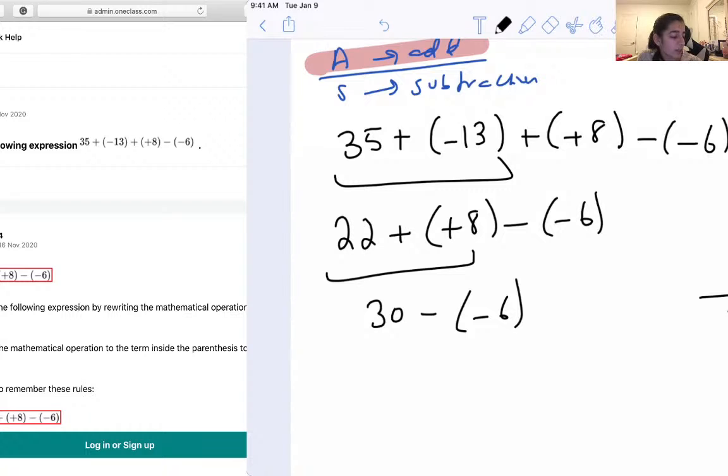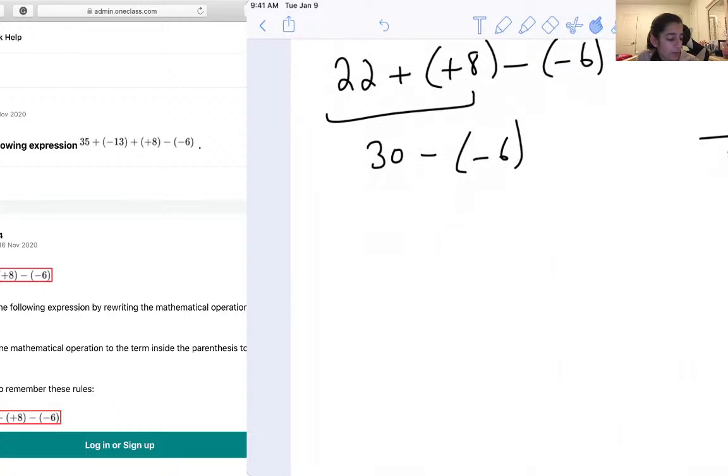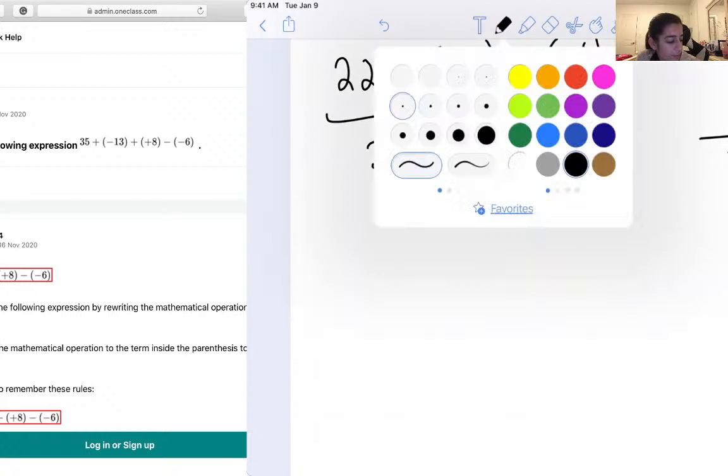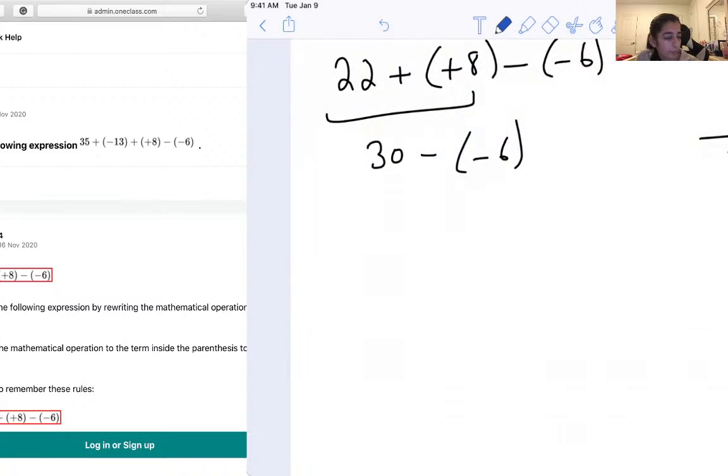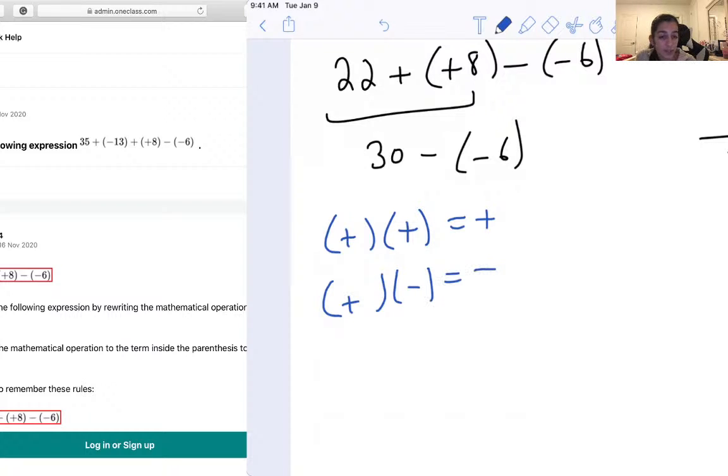A negative and a negative when they're multiplied together, so if there is a positive and a positive being multiplied together, that equals a positive. When you have a positive and a negative, that equals negative.